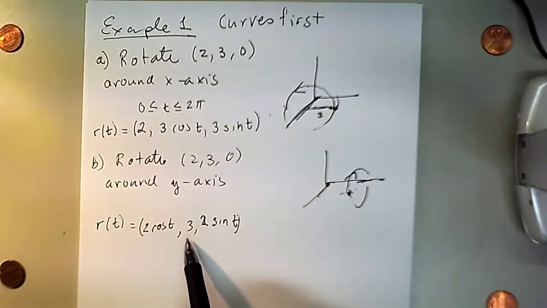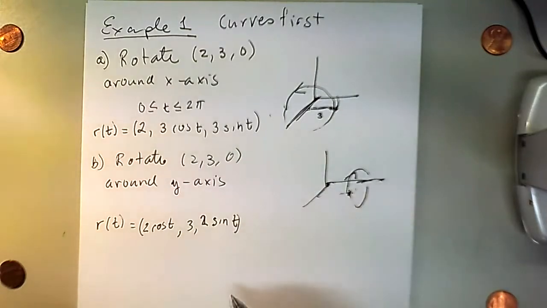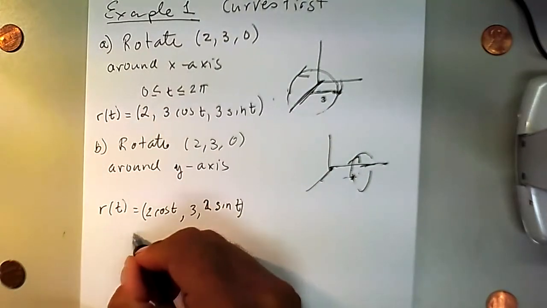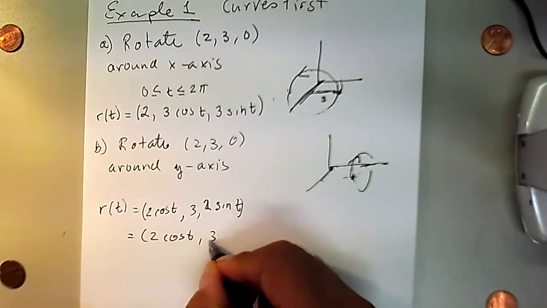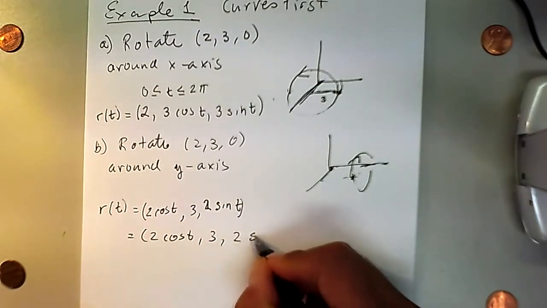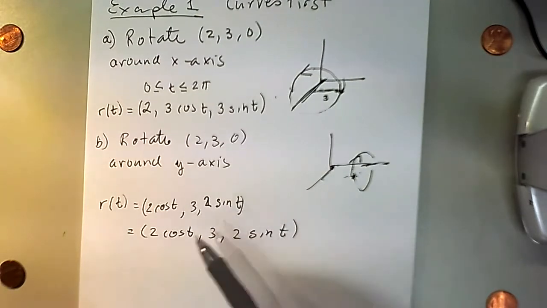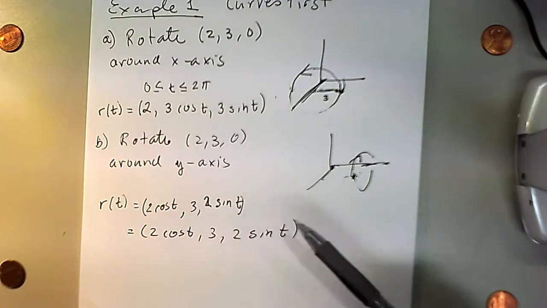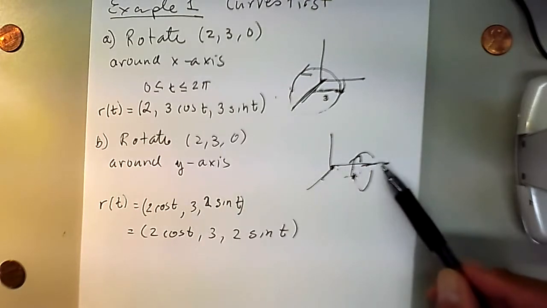Here we kept the 3 constant and the 2 showed up twice. I'm going to rewrite this a little more cleanly. So we have 2 times cosine t, 3, comma, 2 times sine t. There we go. So that rotates the point 2, 3 around the y-axis.